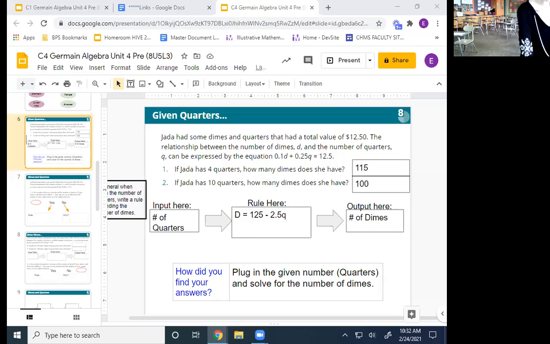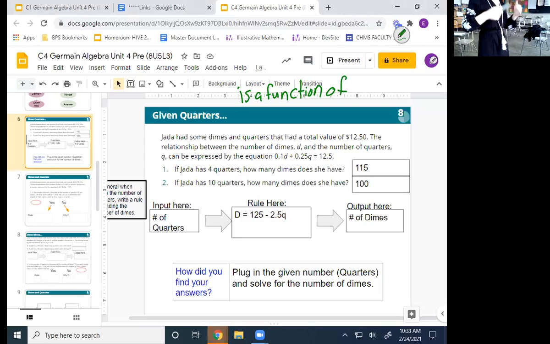How did we describe functions? Is input a function of output, or is output a function of input?